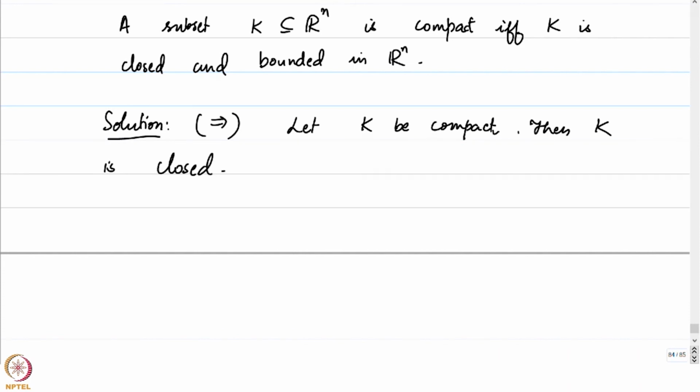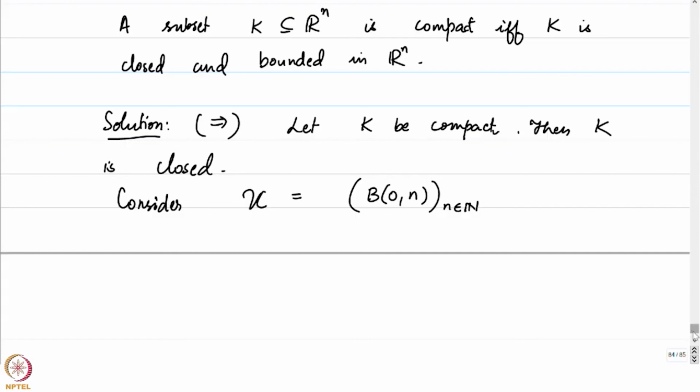Now let's consider the open cover which is given by all balls of radius n around 0. Notice that the union of these balls is going to be the entire space Rn, and hence U is an open cover of K as well.